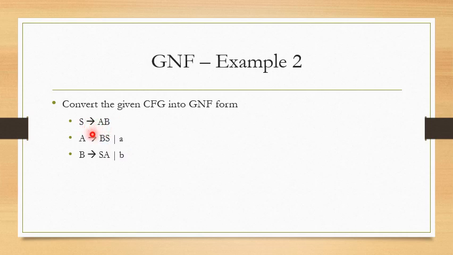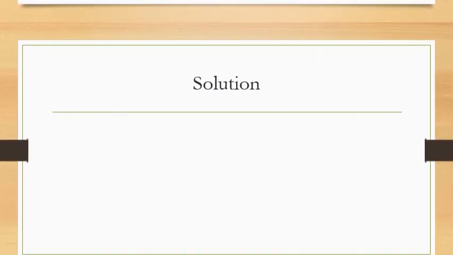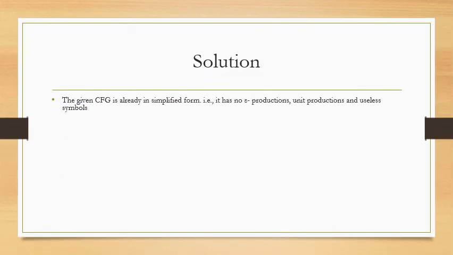So S is also generating, A is generating directly, B is also generating. And from S, A and B are reachable. Therefore the given grammar is already in a simplified form. There are no epsilon or unit productions. So the given CFG is already simplified and we don't need to simplify it further.